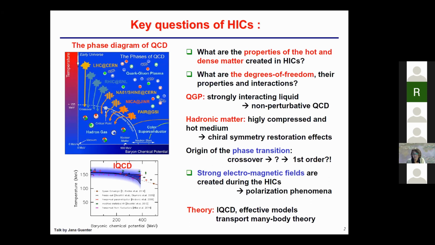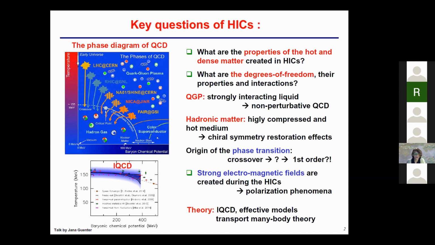But finally, the final answer still lies with the experiment, because in the end we have to compare our theoretical knowledge with the experimental data. And experimental data come, at least in this region of the phase diagram, for larger temperature and relatively large baryon chemical potential, from the heavy ion experiments.